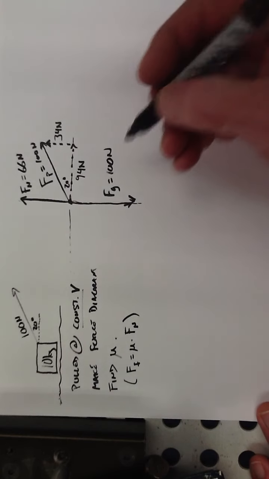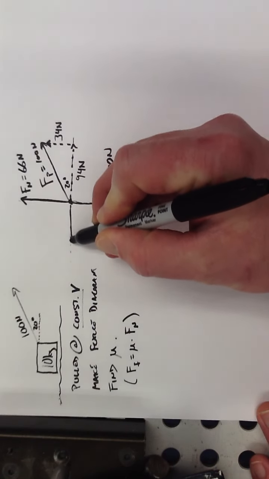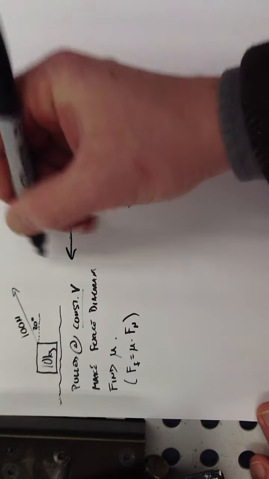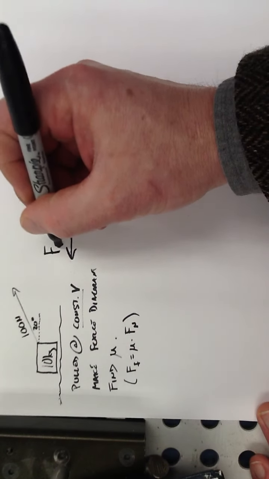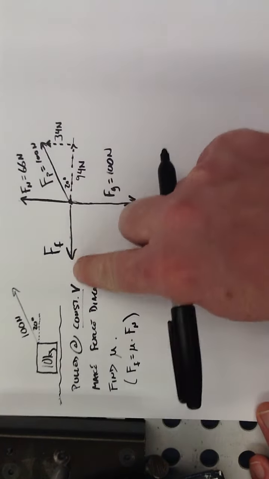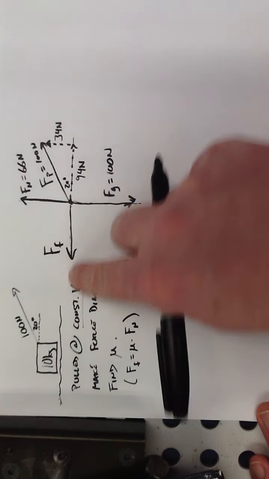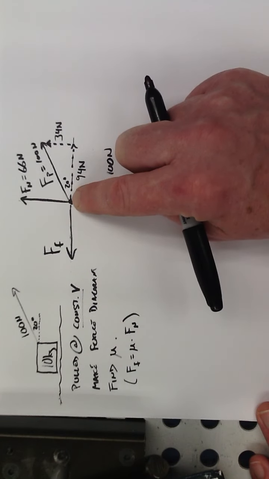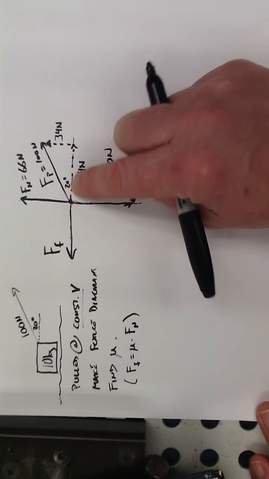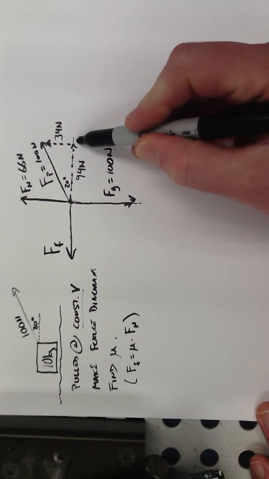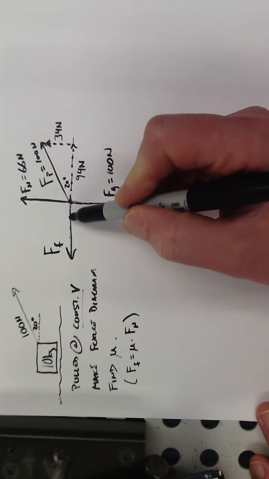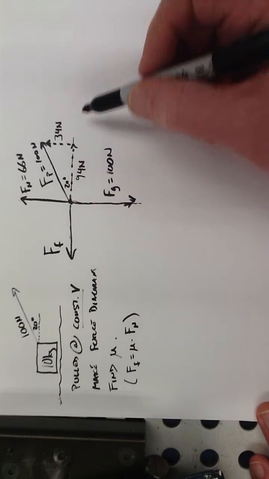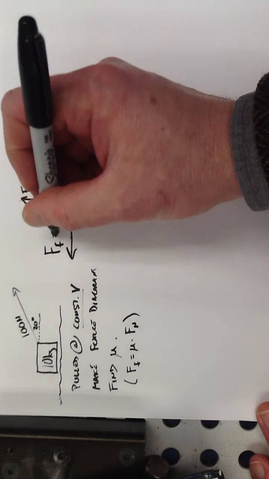All right. How much friction is there? Well, in the left-right direction, left and right has to balance also. So I only have this going to the right. This is the only thing going to the right, and this is the only thing going to the left. So they have to balance each other.